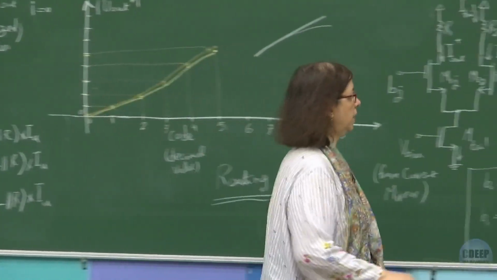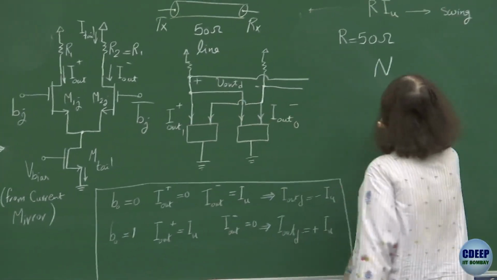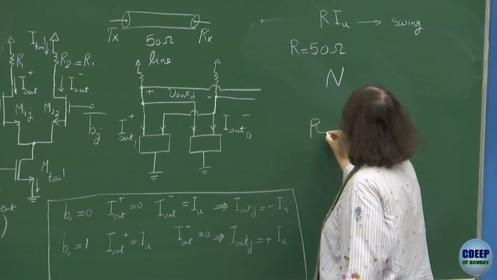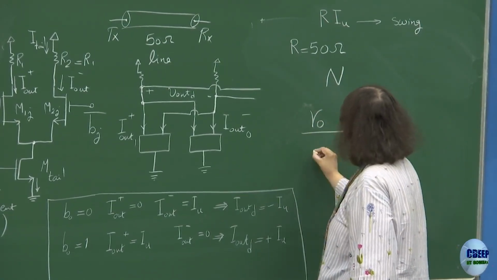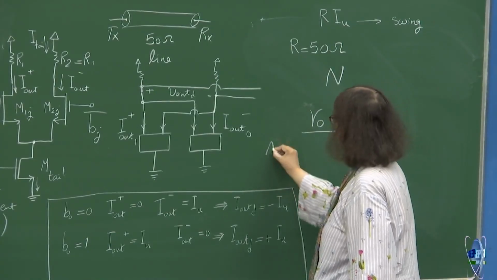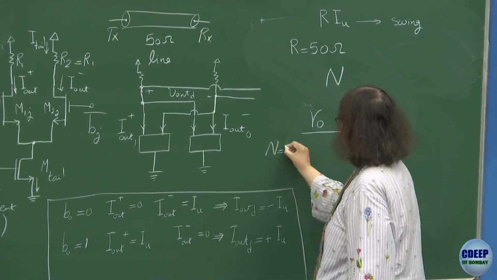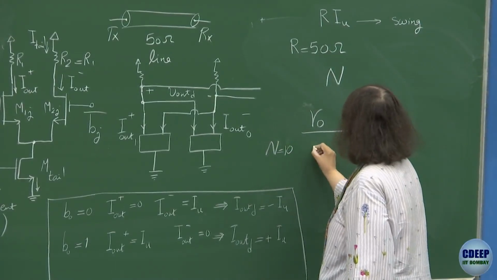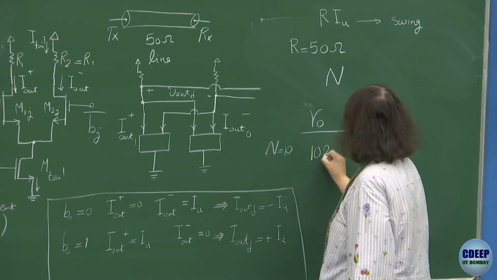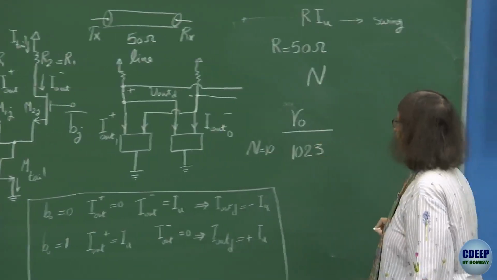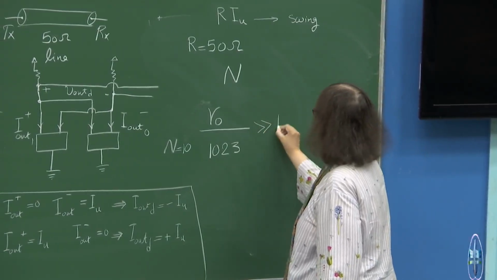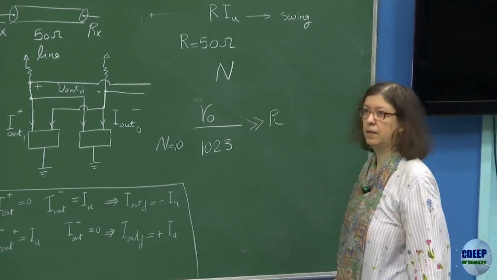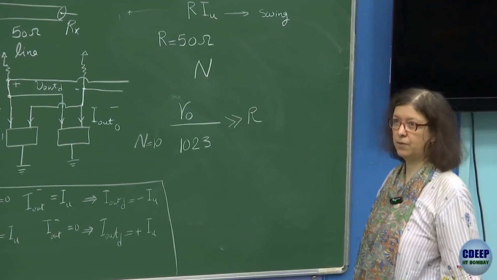So what we want is that RO divided by k, say n is equal to 10, yeah, because it's round, so it is 1023, should be much more than R. That's the only way.